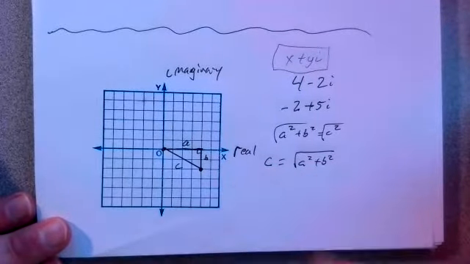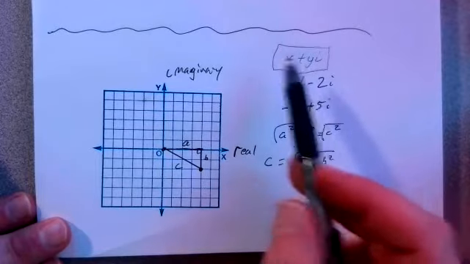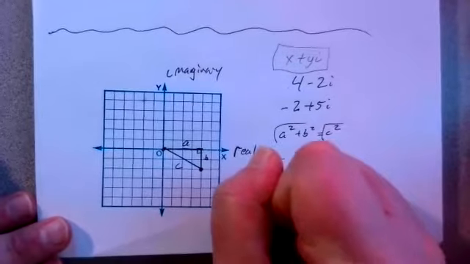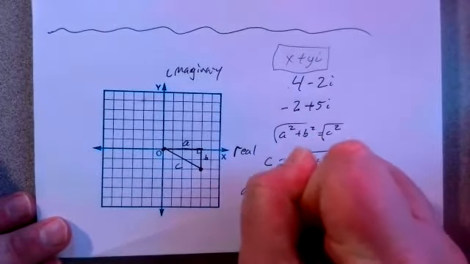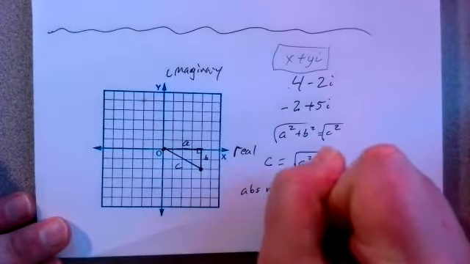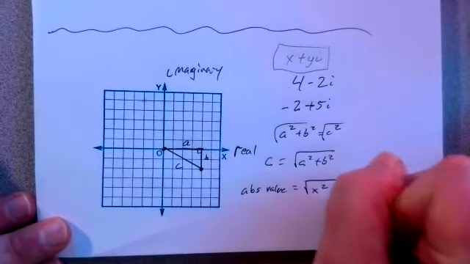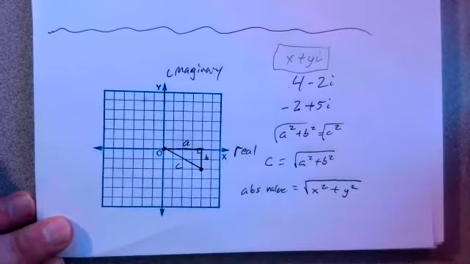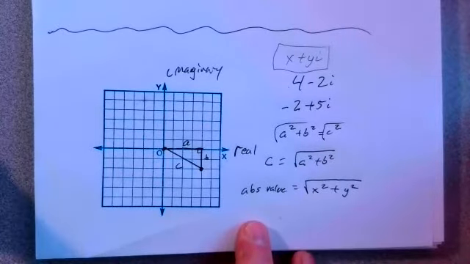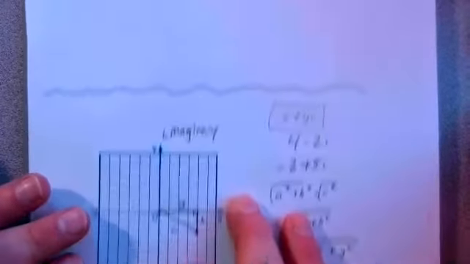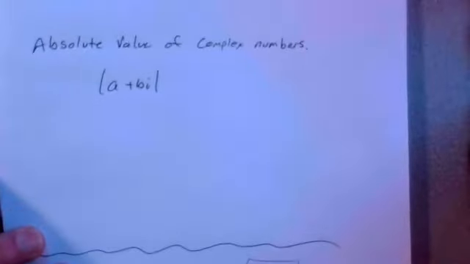Or, to think about it in terms of your X's and your Y's, or the reals and the imaginaries, the absolute value would equal the square root of X squared plus Y squared, or your A squared plus B squared in terms of complex numbers, right?